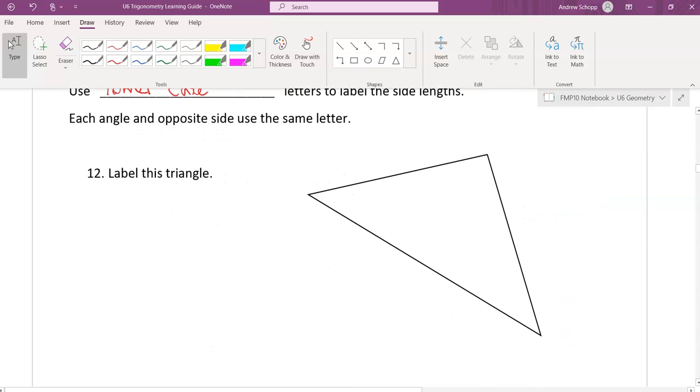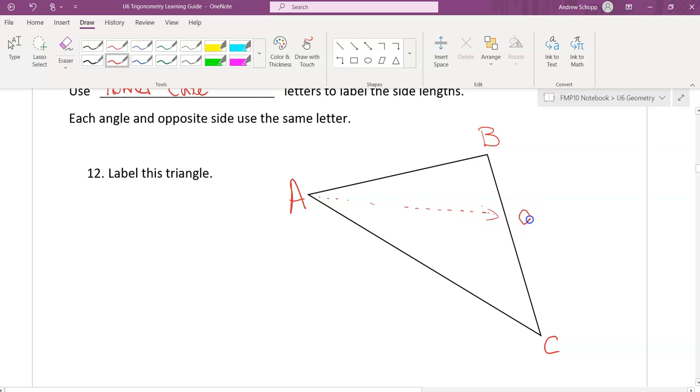So if we look at the triangle below, we want to use capital letters, doesn't matter which ones. So I'll use A, B, and C to mark each of the angles. And then we want to label the opposite side with the same letter, but in lowercase. So the opposite side to angle A would be straight out.